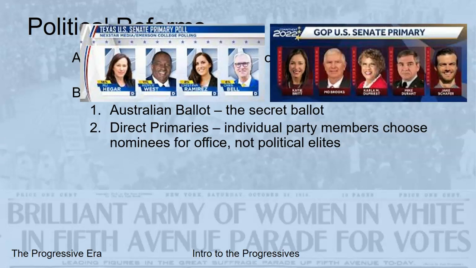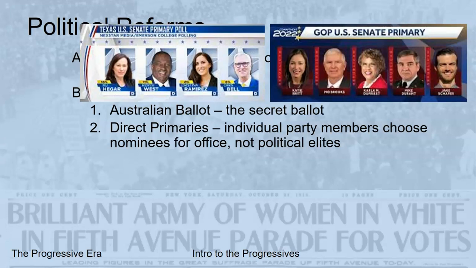These 5 people wanted to be the Republican nominee for the Senate, and the individual Republican voters are going to narrow that down to one. And then those two will face off in the general election, which always happens in November, against the opponent from the opposing political party. Okay?